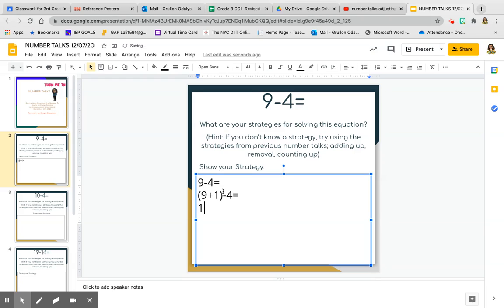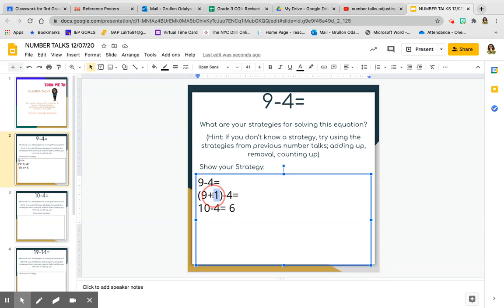So now my new number sentence looks like this: 10 minus 4. And if I remember ways to make a 10, I know that 10 minus 4 is equal to 6. But I took away one too many from the 10. So I have to go back and pull it away.